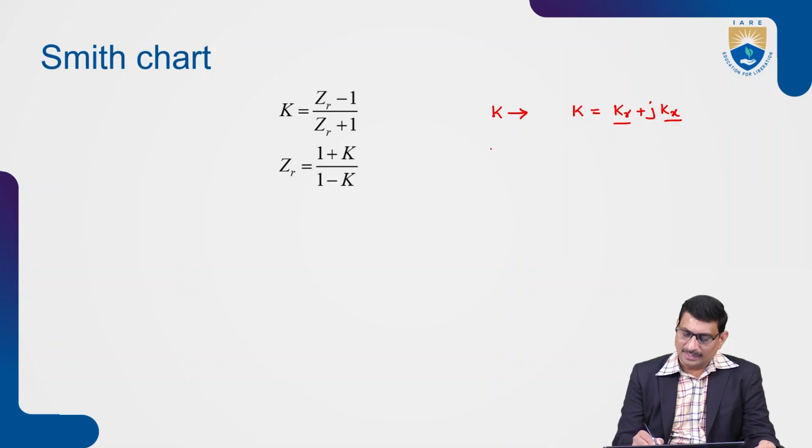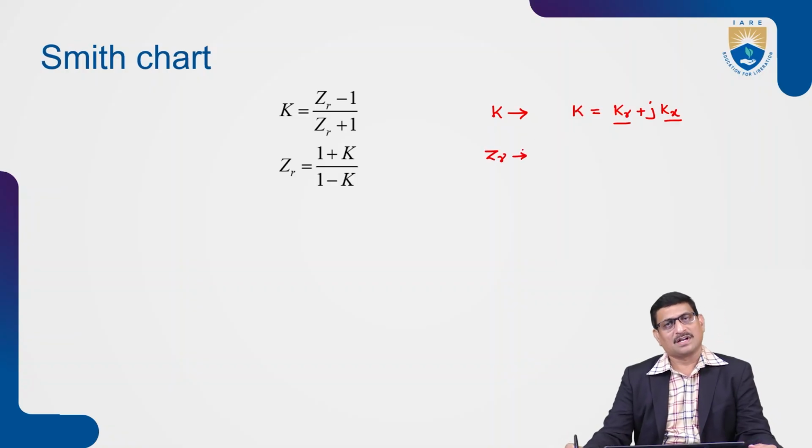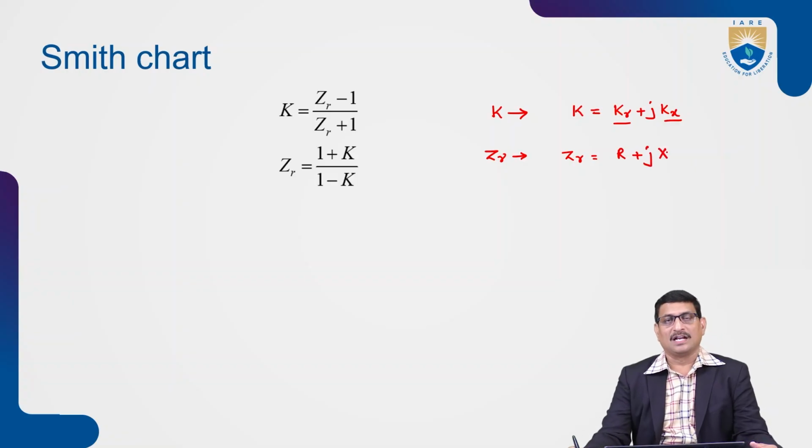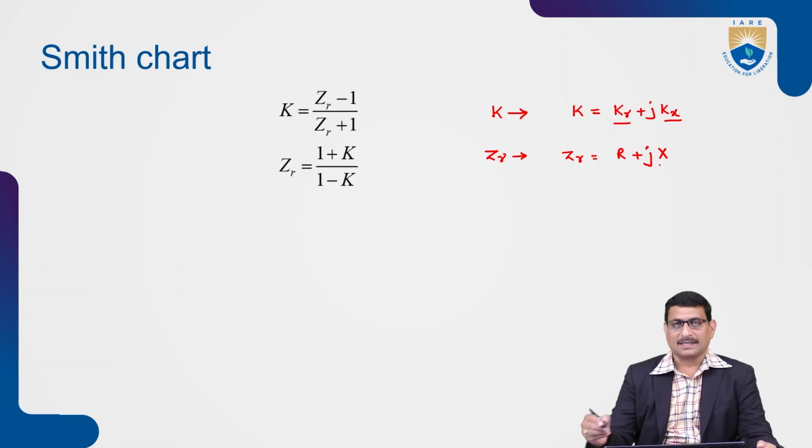In a similar way, the normalized terminating impedance Zr, which is also a complex constant, we can represent as R plus jX, where R is the real part of the normalized terminating impedance and capital X is the imaginary part, or the reactance, of the normalized terminating impedance.